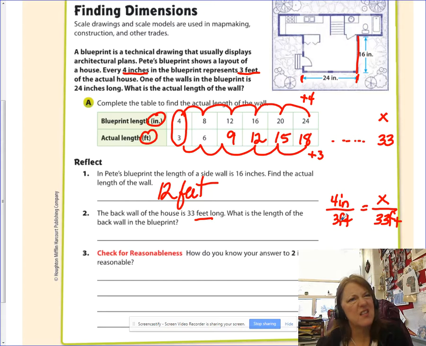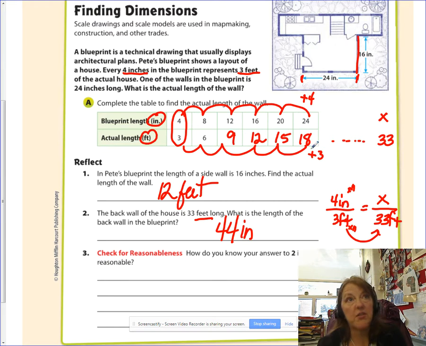When I see 3, and over here I have 33, I would simply say, gosh, I can see already that to get from 3 to 33, I just need to multiply this guy by 11, okay? Which means if I multiply it by 11 in the denominator, you could do the same thing up here to get this one, and you should get 44 inches.